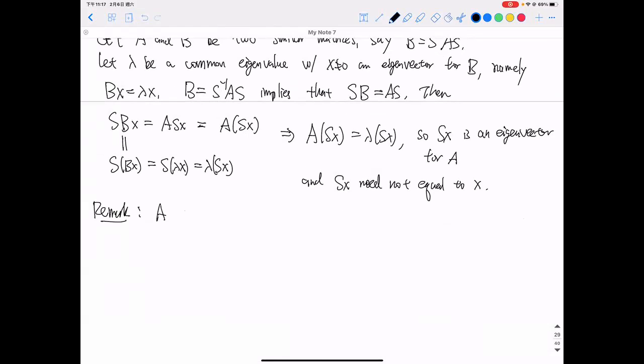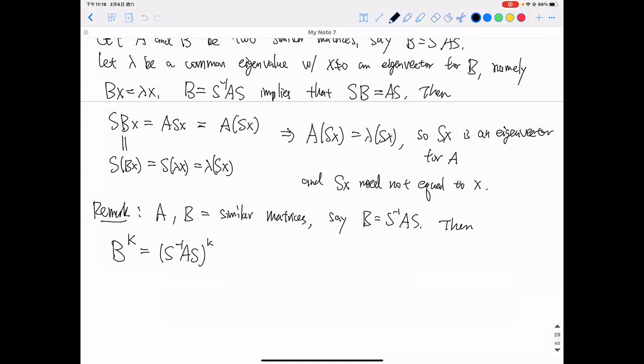Now, next remark. Suppose A and B are similar matrices. Say B is S inverse AS. And then what happens? If I want to compute the K-th power of B, for some reason, here's what we can do. B is S inverse AS, so it's the K-th power of S inverse AS.